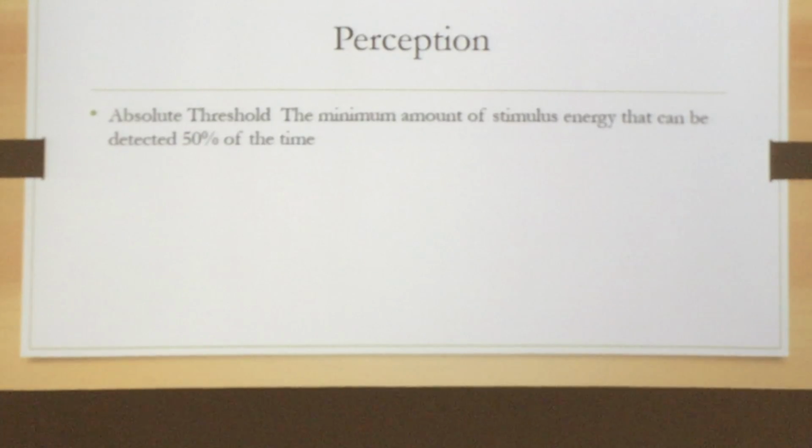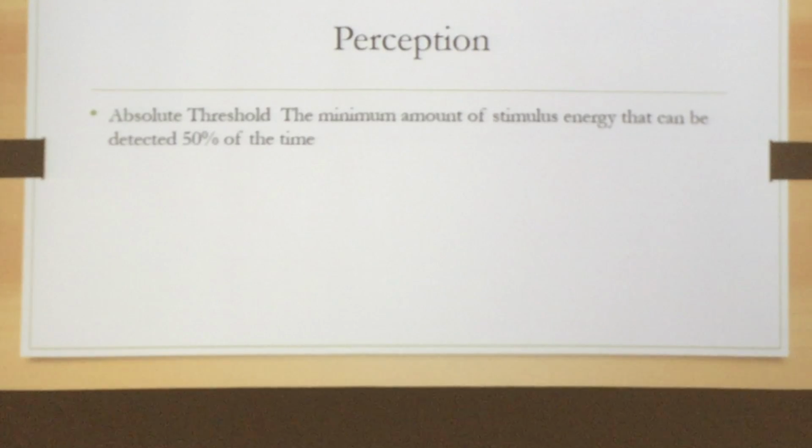The absolute threshold is the minimum amount of stimulus energy that's detected 50% of the time. What that means, let's say you have a room that is totally dark, no light whatsoever.